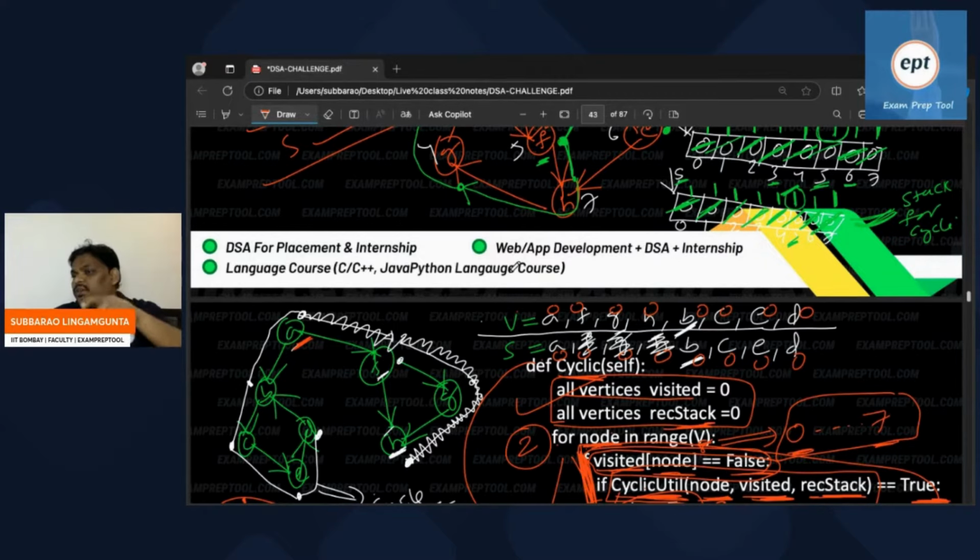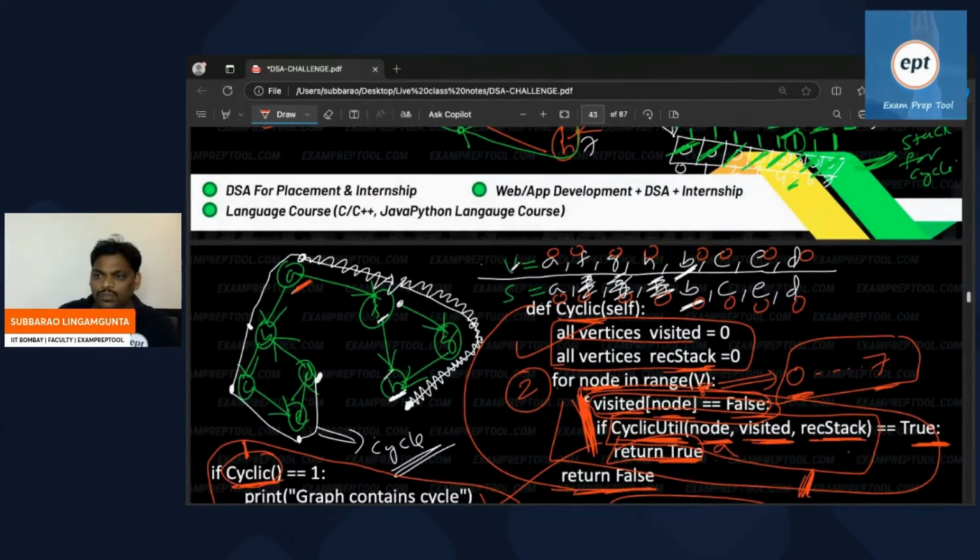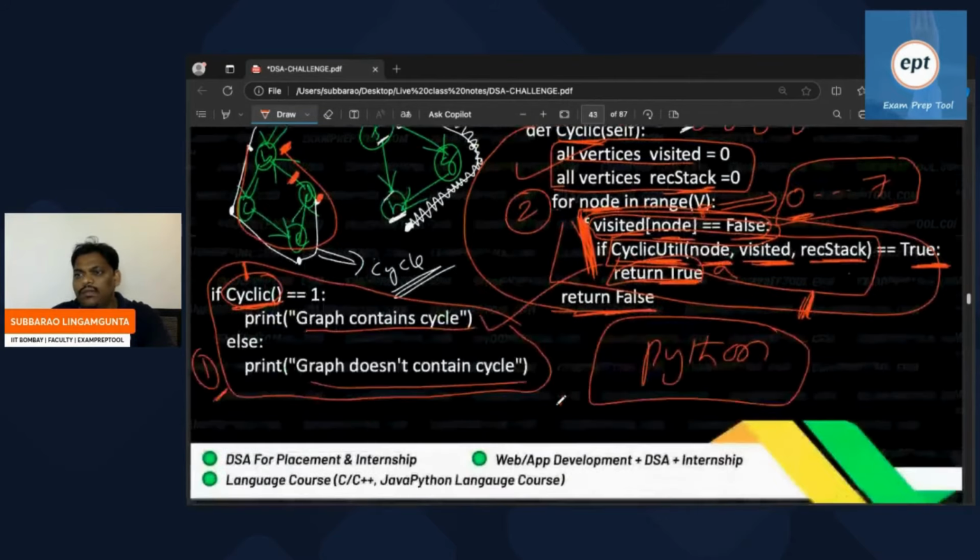That edge is called a back edge. See, you came like this, you are here, you came like this. From here, you are visiting one vertex that is already visited, and at that time it is there in the stack also. This edge is called a back edge. If a back edge exists after doing a DFS, then a cycle exists. That is the answer for this.